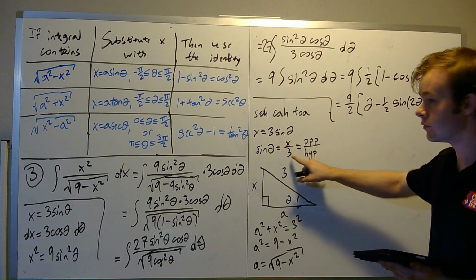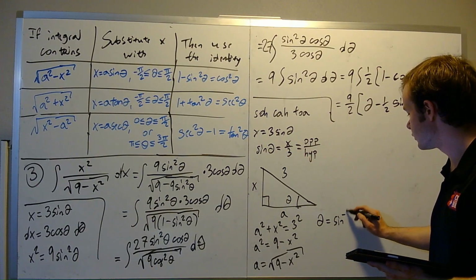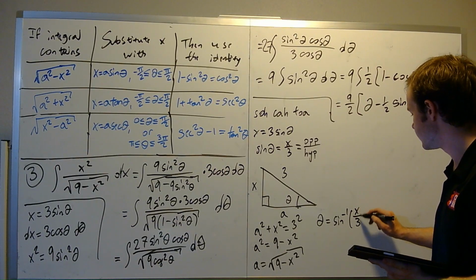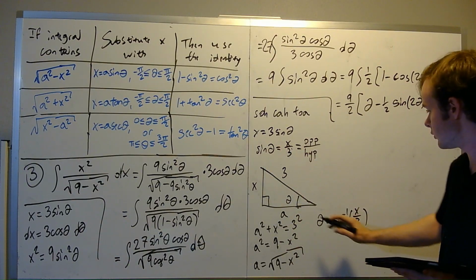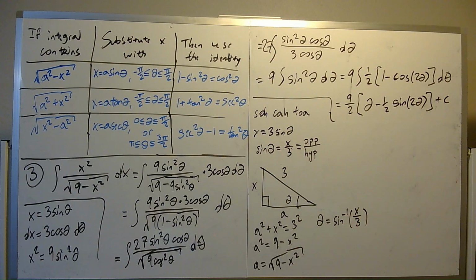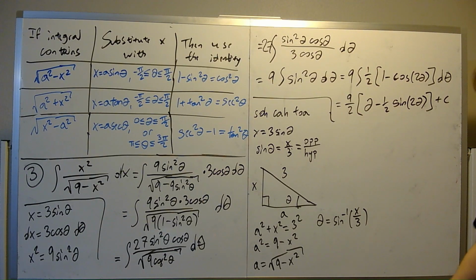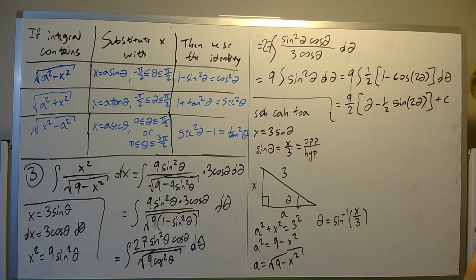So if we do sine inverse on both sides, we know that theta equals sine inverse of x over 3. So I just did sine inverse on both sides of this equation to get there. So we can actually just replace theta right there with this form right here. And then we've got to figure out what to do with this sine of 2 theta.